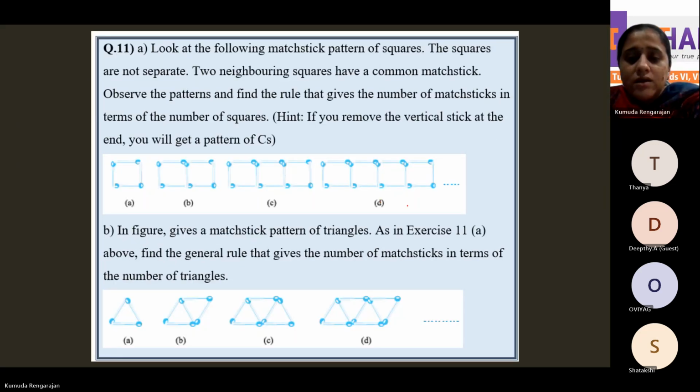Now we're going to understand something different. Listen to this carefully. Now you can see some patterns here.